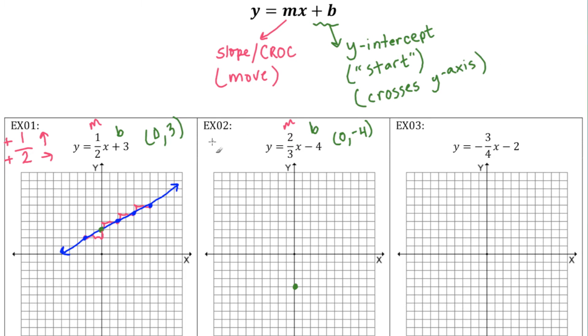We can see that our slope is 2 over 3, more specifically +2 over +3. That means we go up 2, right 3, up 2, right 3, up 2, right 3, down 2, left 3, down 2, left 3.